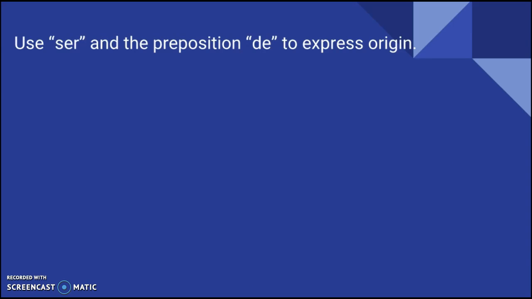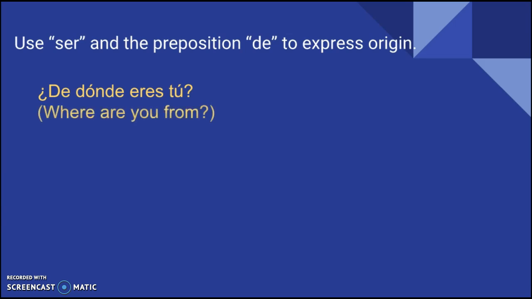Another way that we use ser is to express origin, and again we're going to use the preposition de with ser. One example here, if I'm asking, where are you from? I say, ¿de dónde eres tú? You'll notice the order of the words when you ask a question is different in Spanish than in English, and we're going to talk a little bit more about that in another lesson.